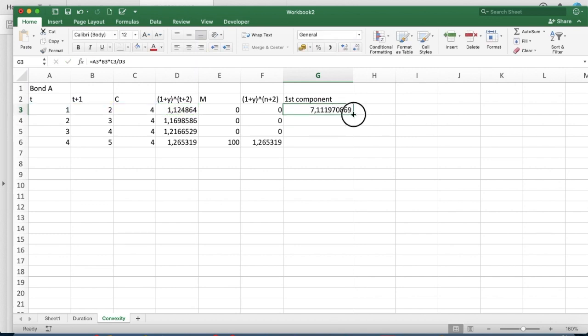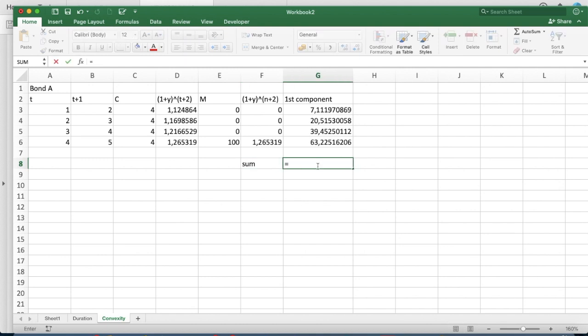And I have just to scroll down and compute the sum. So sum of these 4 cells, and this is the first component, 130.305.